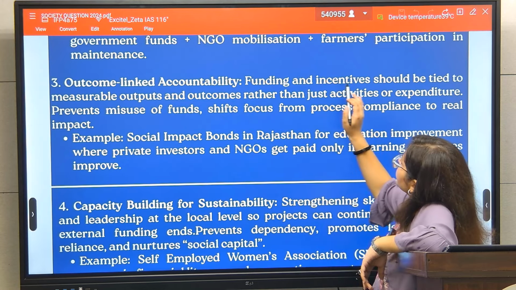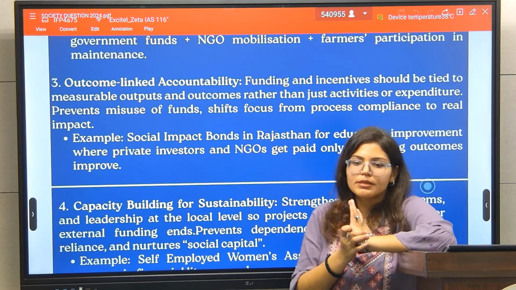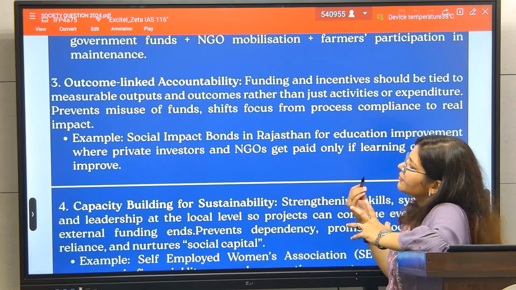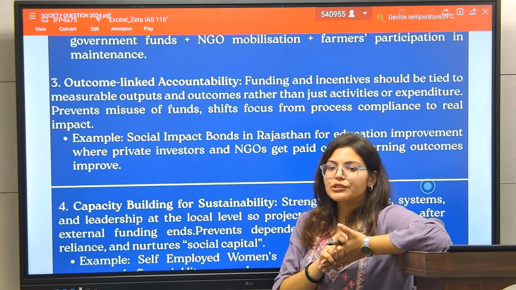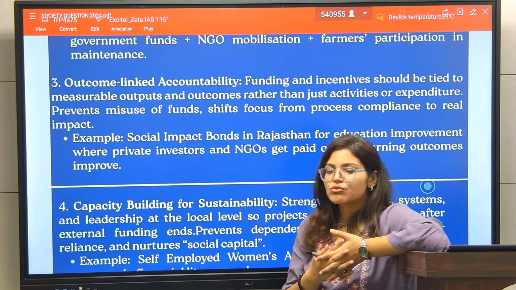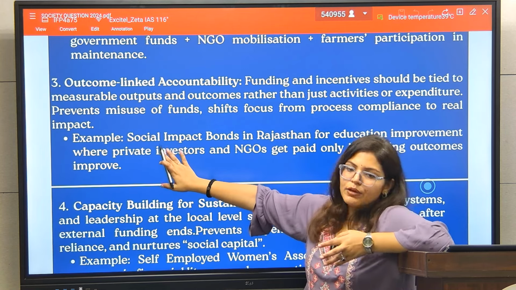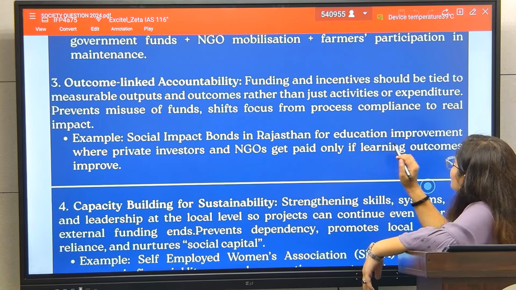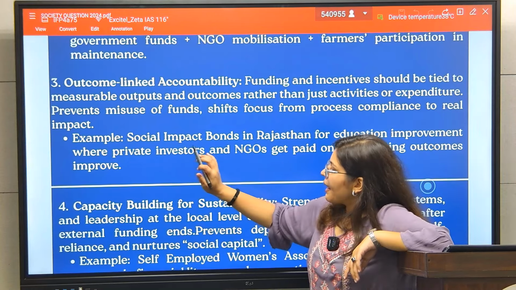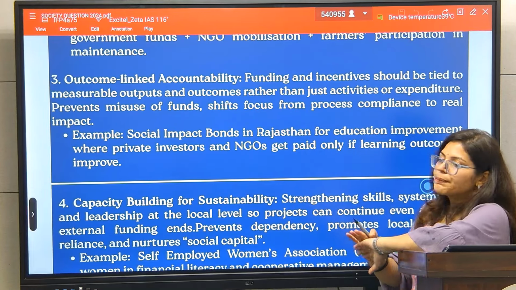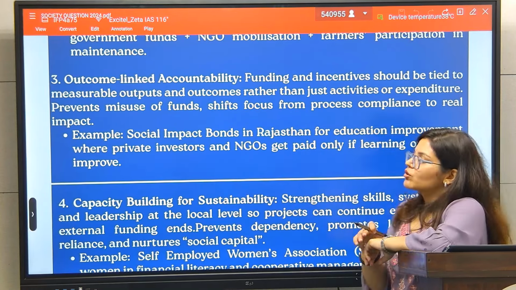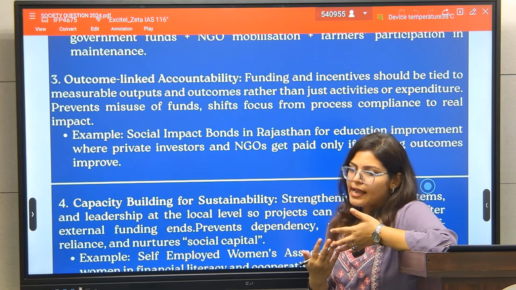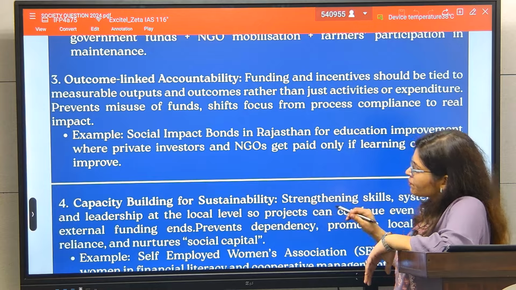So funding and incentives should be tied to measurable outputs and outcomes, rather than just activities or expenditure. This will prevent the misuse of funds. So you can give the example of that: the social impact bond in Rajasthan, education improvement, where private investors and NGOs get paid only if learning outcomes improve. So in this way, you have to collaborate between the NGOs and the private sector.